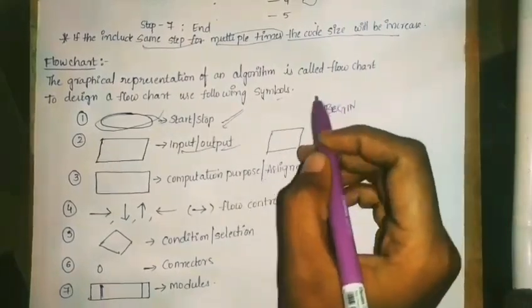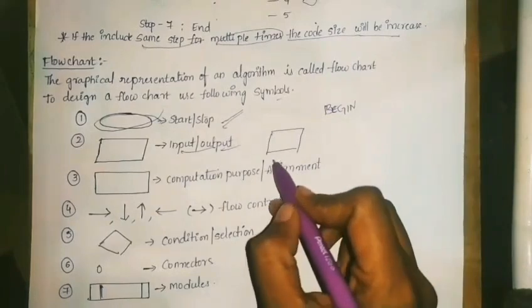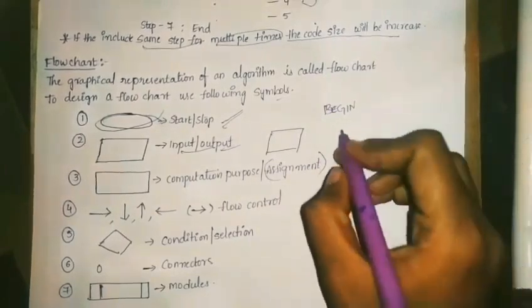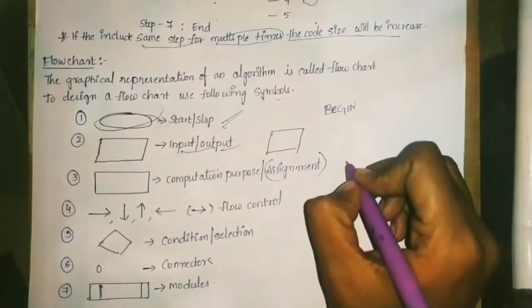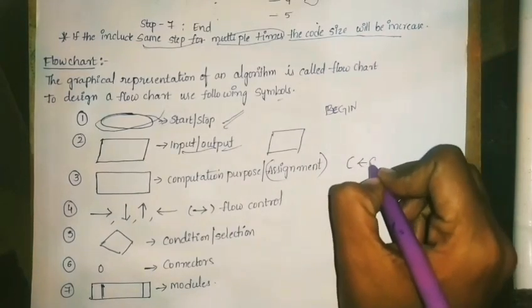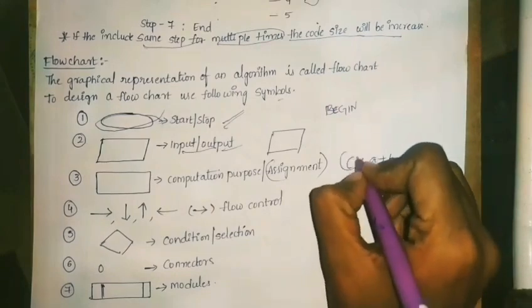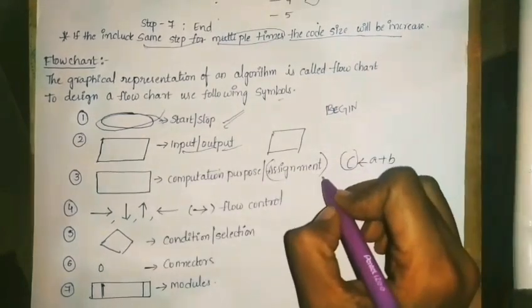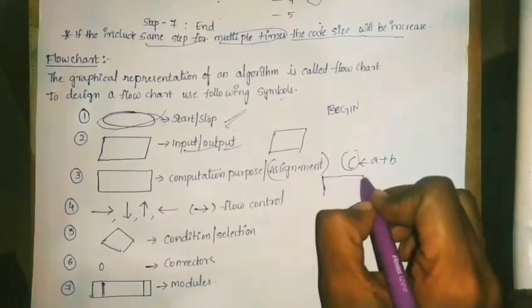For computation or assignment, when we use an assignment in an algorithm like a plus b equals c, in a flowchart we use this rectangle.